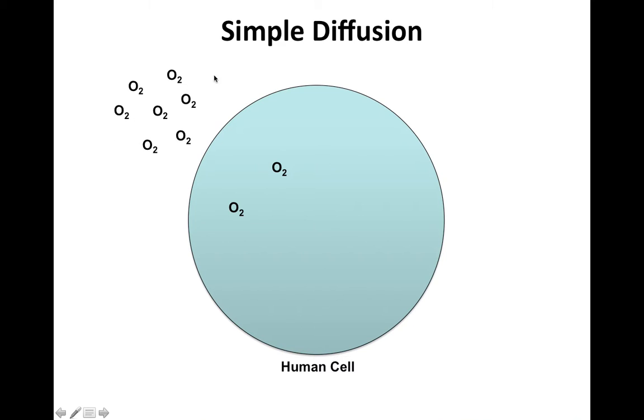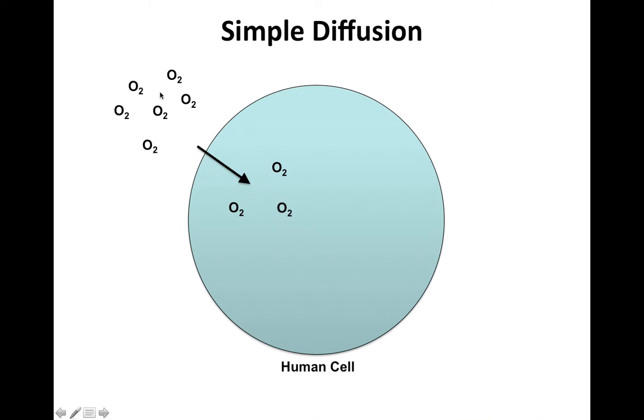Here in the extracellular fluid, you see there's a higher concentration of oxygen than exists here within the intracellular fluid. This is what's going to initiate the ability of oxygen to diffuse, to go from a high to a low concentration. And so in this example, you see the direction of its movement will always go from the ECF, where it has a higher concentration, to the ICF, where it has a lower concentration.